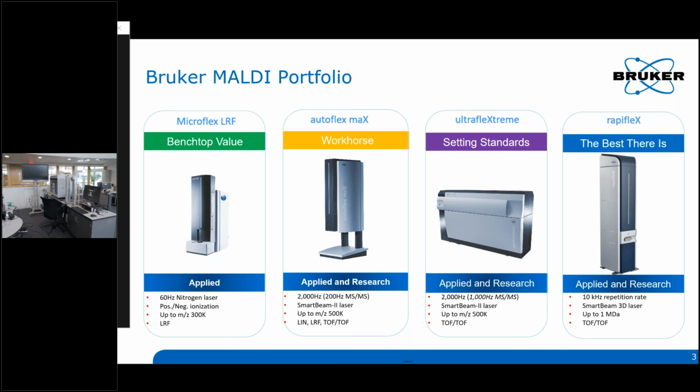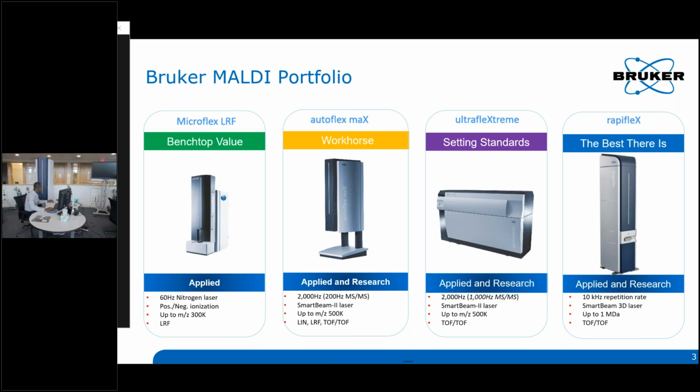Let's come back to the presentation. So we have 3 levels of instrumentation basically when it comes to MALDI TOF, and your instrument choice will depend on what kind of application you would need to be using it for.